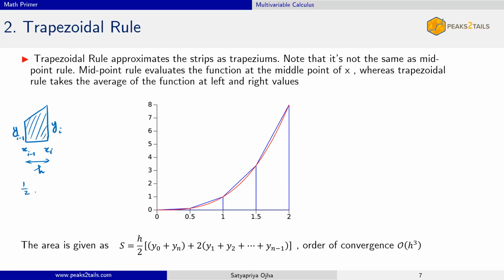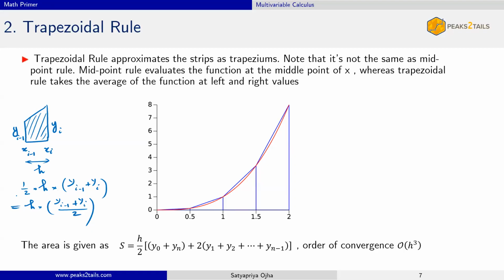It's given as half times base times sum of parallel sides. Sum of parallel sides is yi minus 1 plus yi. That's the area of the trapezium. I can rewrite this as h times (yi minus 1 plus yi) divided by 2.